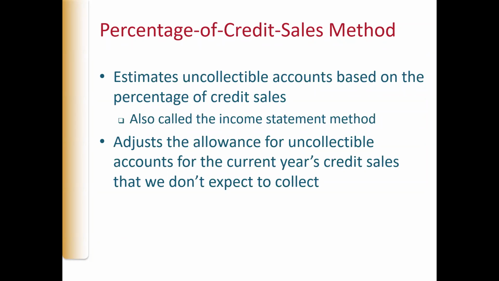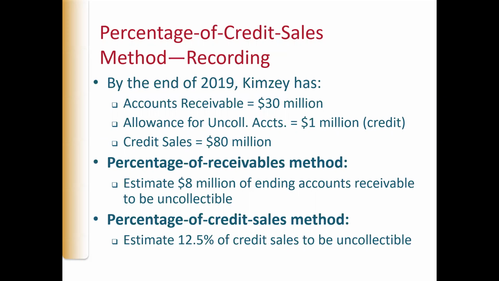One of the last things we'll look at is another way of looking at uncollectibles, the percentage of credit sales method. We call this the income statement method. So basically, if by the end of 19, Kinsey has accounts receivable of 30 million, an allowance for uncollectibles of 1 million credit, and credit sales of 80 million.